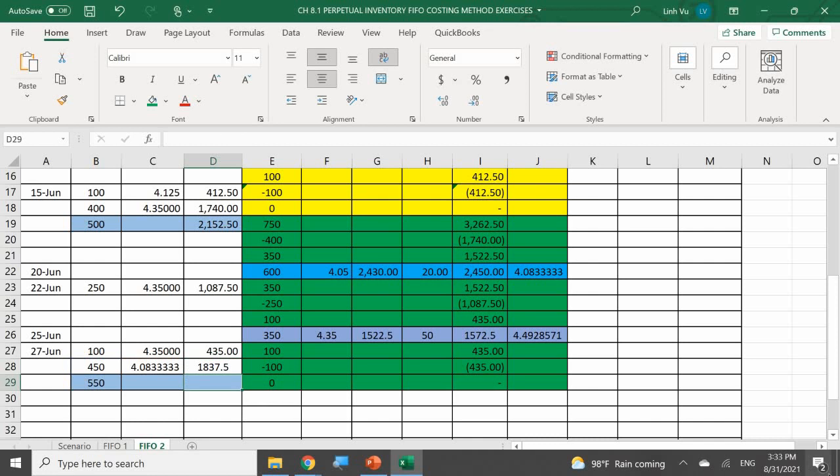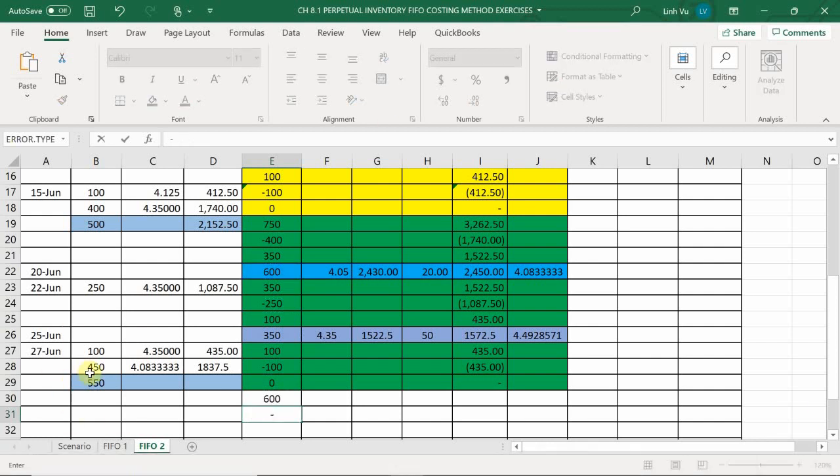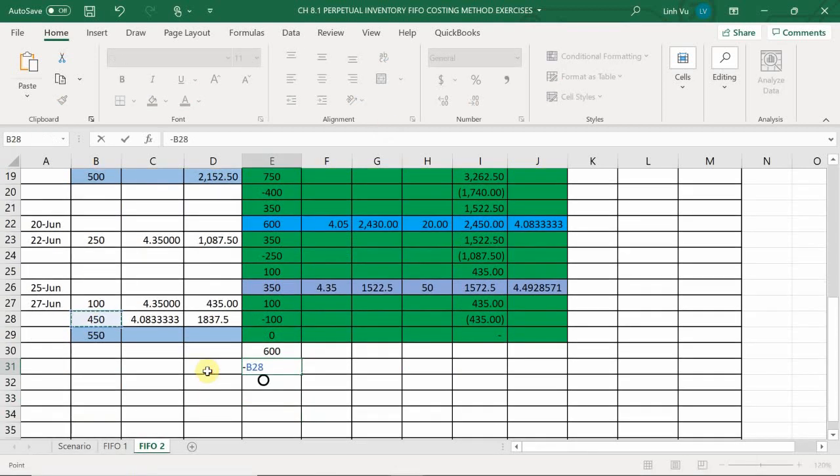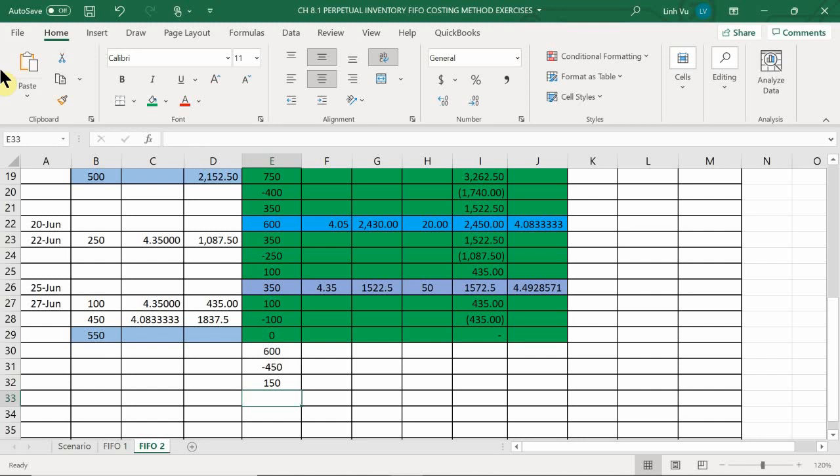$1,837.50. Good. Okay. So therefore, I'm going to take my 600 of blue and eliminate 450. So therefore, how much should I have left? 150. Good.